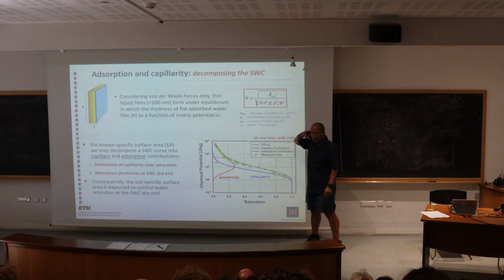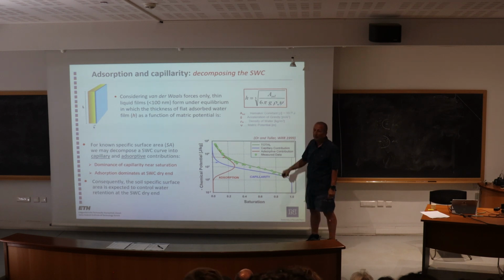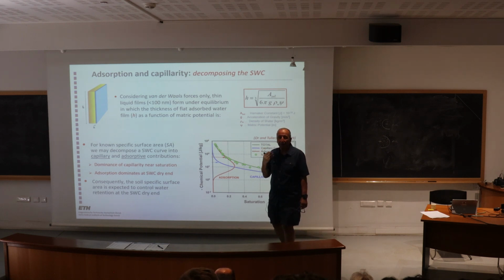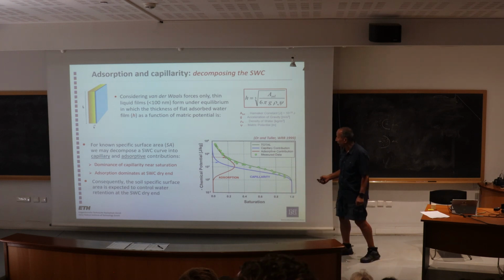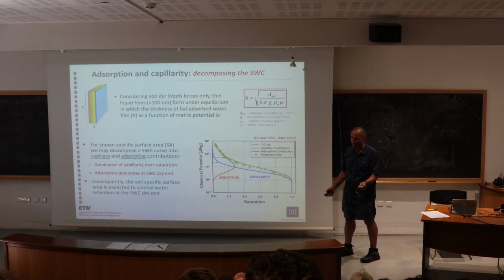There are other forces that can contribute, but this is the dominant one. So if you know something called the Hamaker constant, which is roughly, for many soils, 10 to the minus 20 joules, you basically know how to calculate the film thickness as a function of water potential. And you can decompose a water retention curve into the adsorption component and the capillary component.